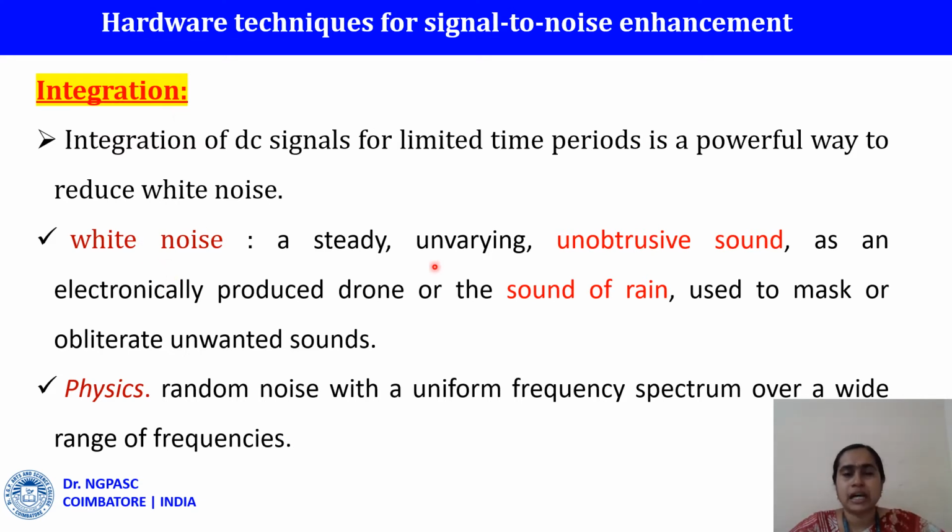It is a steady, unvarying or unobtrusive sound, such as an electronically produced drone or the sound of rain, used to mask or obliterate unwanted sounds. In terms of physics or science, you can define it as random noise with a uniform frequency spectrum over a wide range of frequencies.